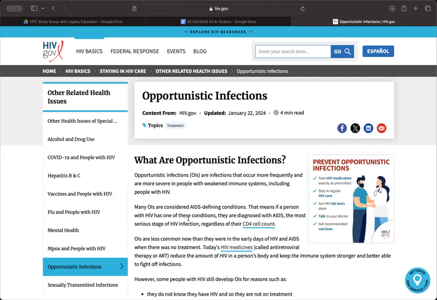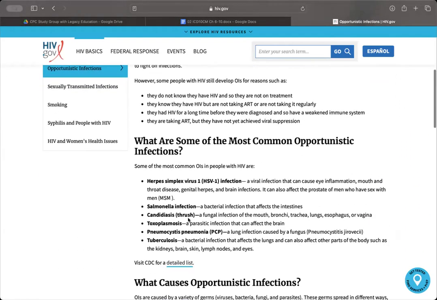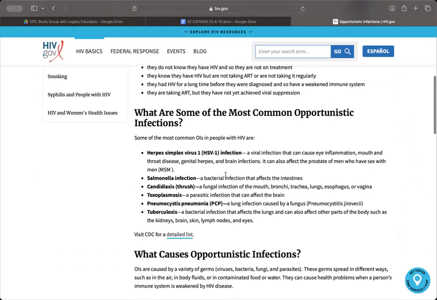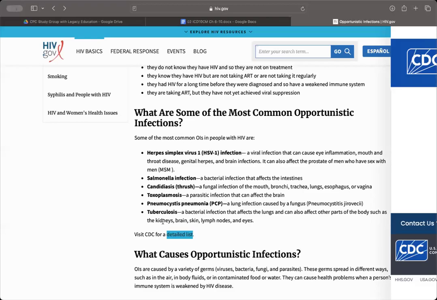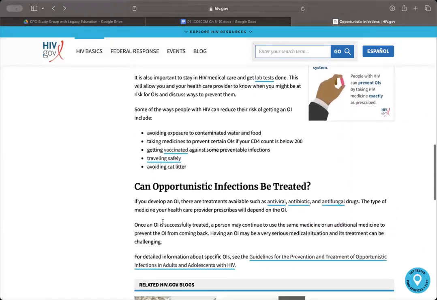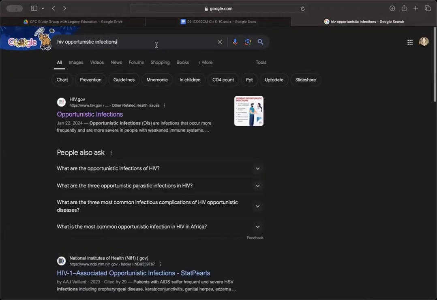So here is where your opportunistic infections are going to be. This is just a list of common ones, but they have a detailed list. Go to the CDC website. And of course it's not there. Let me see if I can find it.